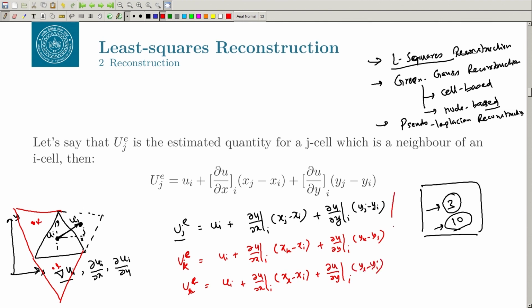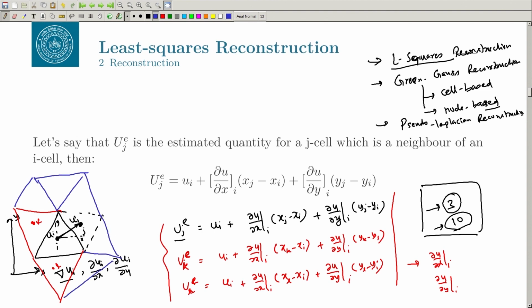Now you need only two things here: del u by del x at i and del u by del y at i. These are the only things that you want. So you have two variables, and you can see that you have at least three equations by considering the cell neighbors. If you want, you can also consider the node neighbors. For example, your node may be connecting to some more cells here, and similarly here also.